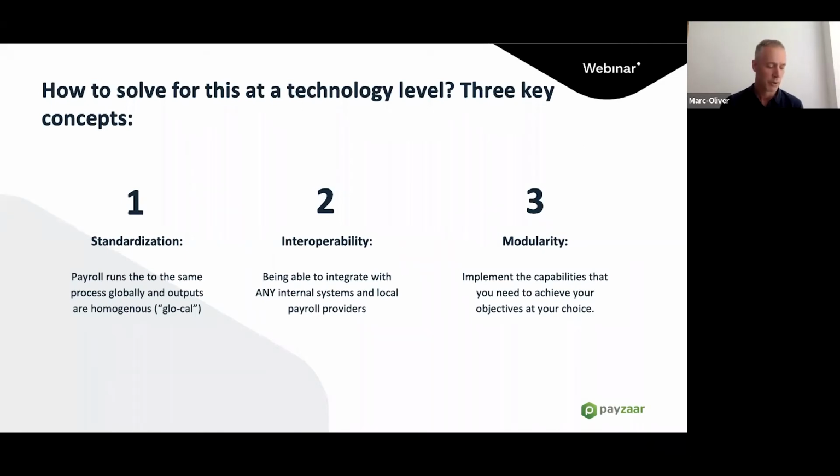And then the third important point is modularity, right? This goes back to the point about the risk of implementation that we talked about. If you're now starting to change out every piece of process, local infrastructure, and system, that creates a lot of disruption, and with that disruption, a lot of risk of the implementation stalling or failing somewhere along the way.